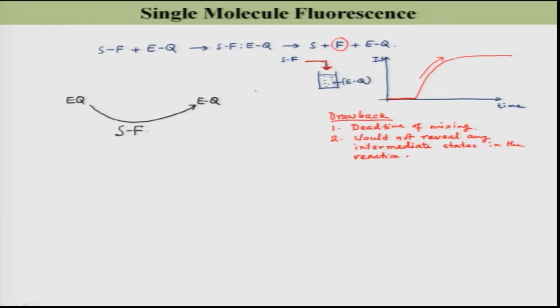Now, if I plot, so this is my single molecule, you are monitoring single molecule fluorescence in this case. If you just sit and look at this SF molecule as a function of time, what you are going to see?